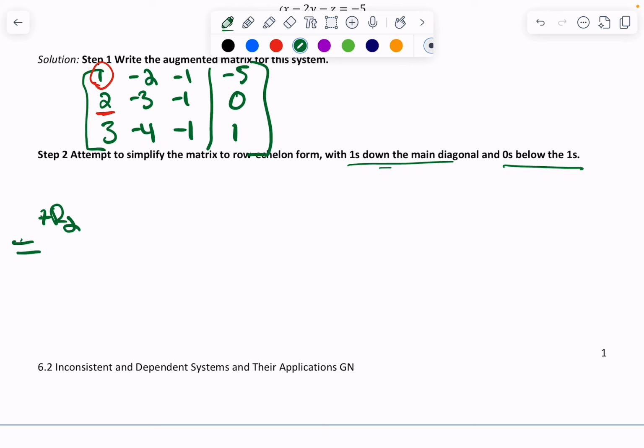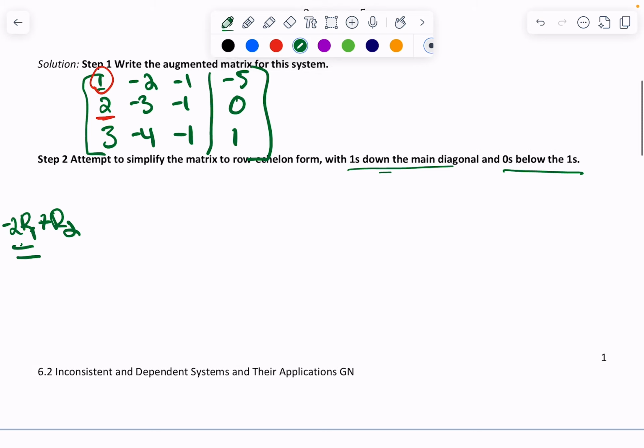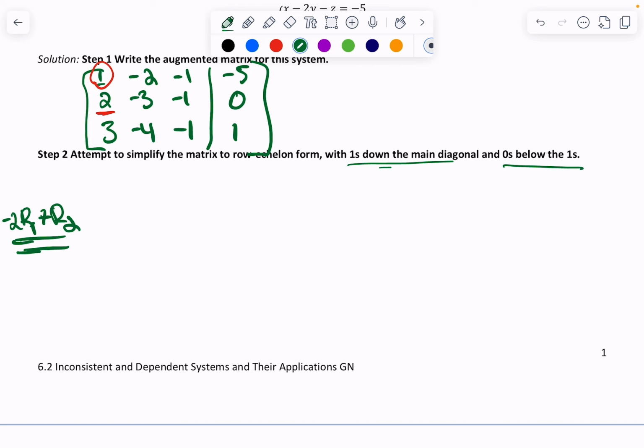Now we're going to use row 1 and we need the opposite for the 2 from the 1. So we're going to multiply row 1 by -2. So our first row does not change, and our third row does not change.